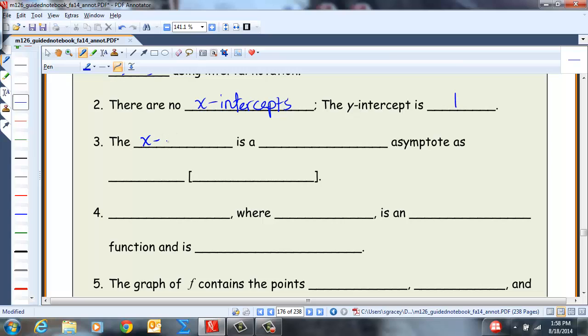Now, this is a little bit different. The x-axis, meaning the line y equals 0, is a horizontal asymptote. But that now happens as you're approaching infinity. So the limit as x approaches positive infinity of a to the x is equal to 0.